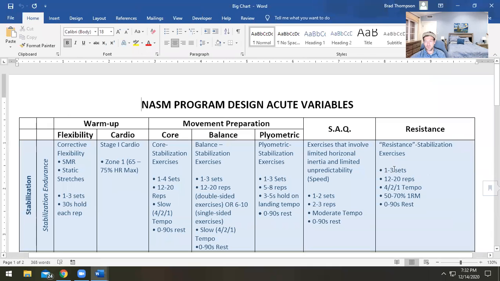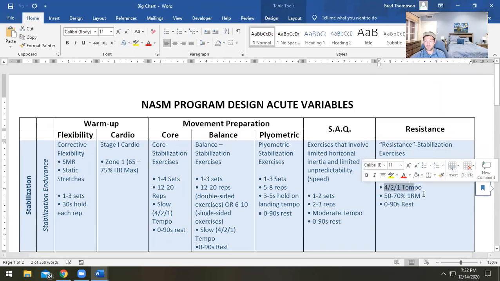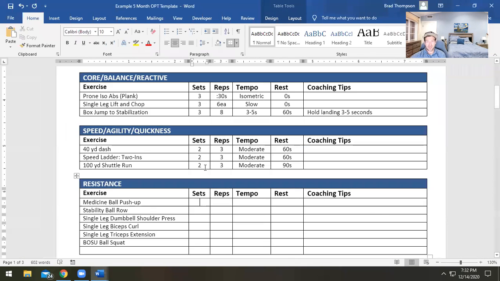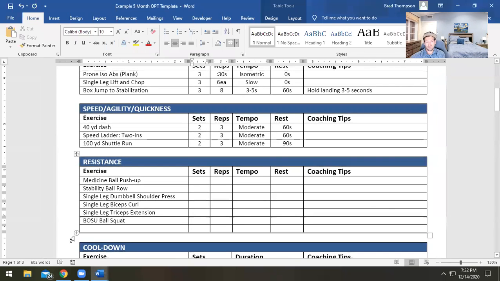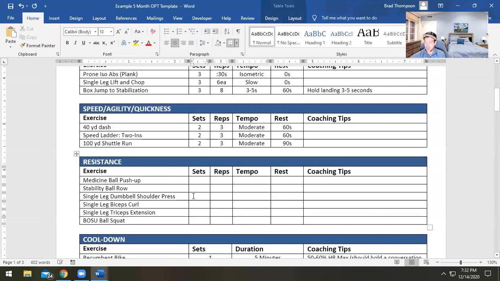If we look at our big chart, we need to pick between 1 to 3 sets, 12 to 20 reps, a 4-2-1 tempo, and 0 to 90 seconds of rest. So let's keep this simple here. We'll do straight sets. So we'll tell our client that this is horizontal loading, right?